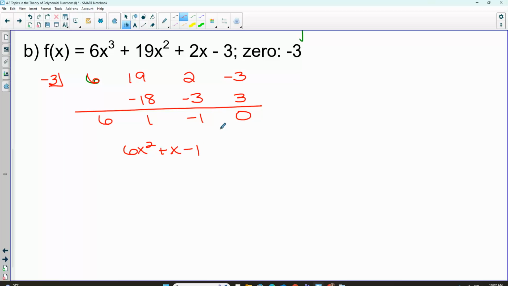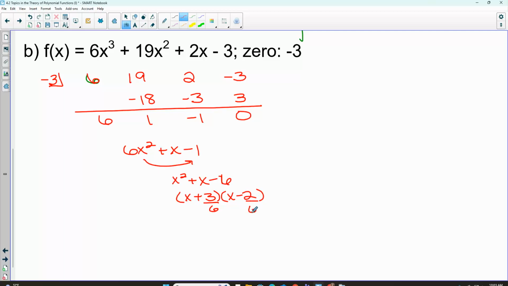Okay, so we did synthetic. At that point, you should have gotten 6x squared plus x minus 1. Okay, this is a quadratic, so we should be able to solve it. So if we slip and slide, so that's x plus 3, x minus 2.